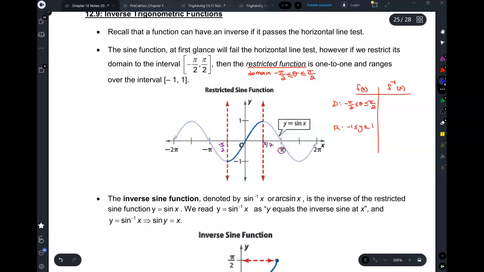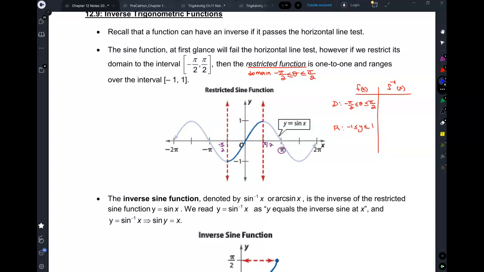What was the first thing we did when we were given a function and you had to find the inverse of it? You swapped x and y, right? When you swap x and y, remember you also swap domain and range, right?